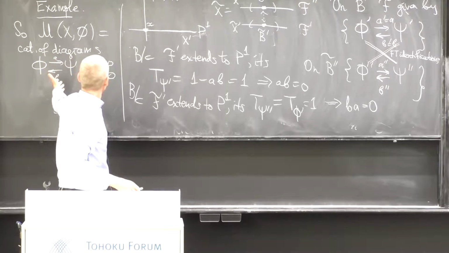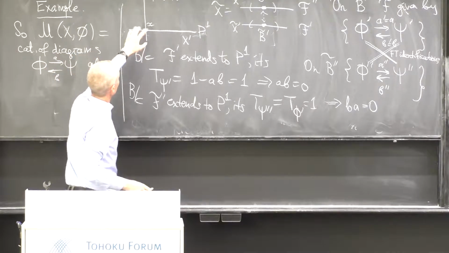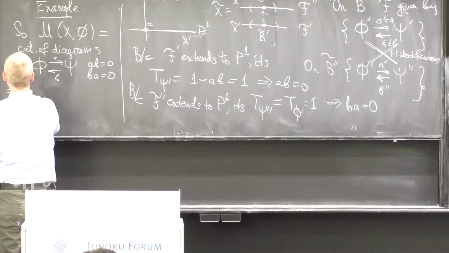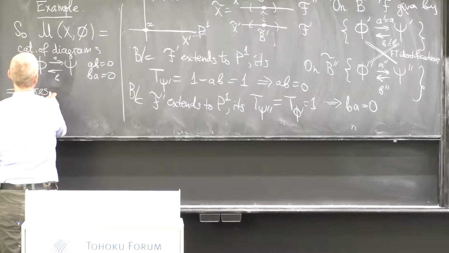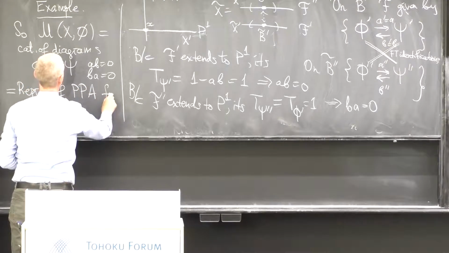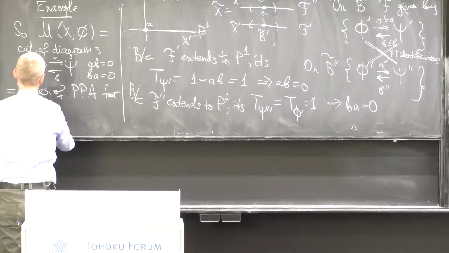And this is precisely representations of the pre-projective algebra for the quiver of these two vertices and one edge. Pre-projective algebra for the quiver like this.